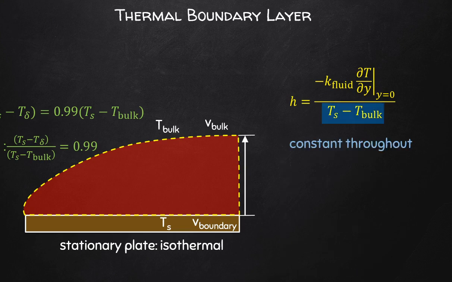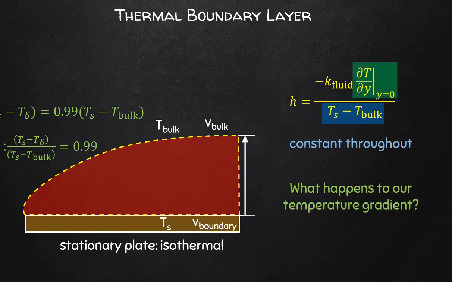Now, since the temperature difference Ts minus T bulk is constant throughout, consider what happens to the temperature gradient within the thermal boundary layer. Also think about how this might change when we increase the fluid velocity and therefore its Reynolds number.